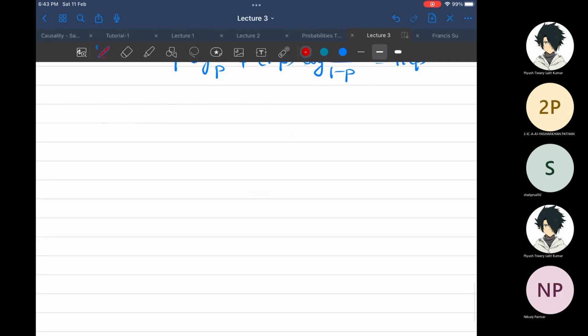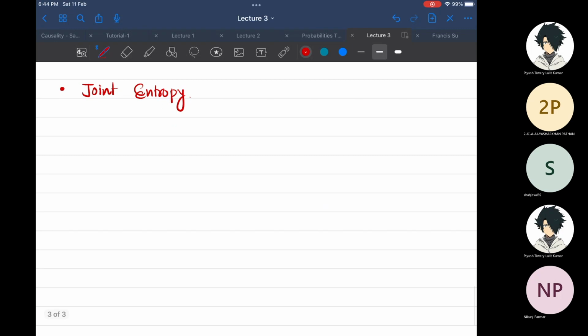Let us see a few more definitions. Another thing is, what is joint entropy? We saw what an entropy is. Entropy was defined for a single random variable X. Joint entropy defines the entropy of a system which has two variables, a pair of discrete random variables.